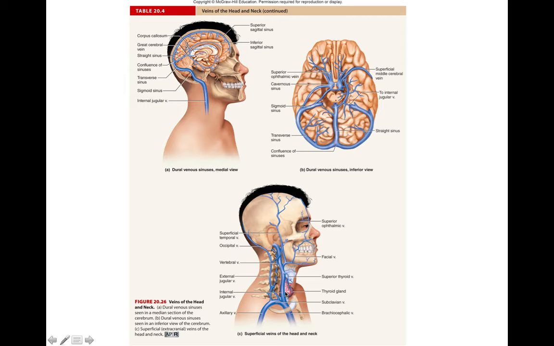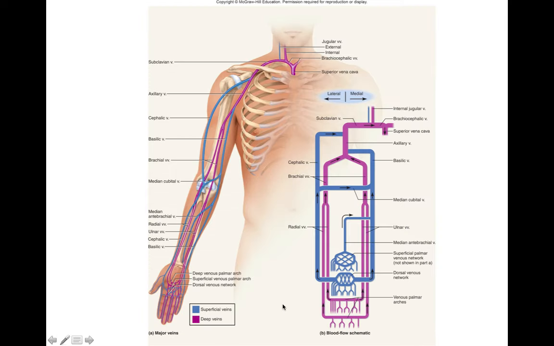With the veins, two of the main veins in the neck are your jugular veins. You have an external jugular vein. You can see a little bit of it right here. And then you also have an internal jugular vein right here. The internal and external jugular veins will both drain directly into the subclavian vein right here.